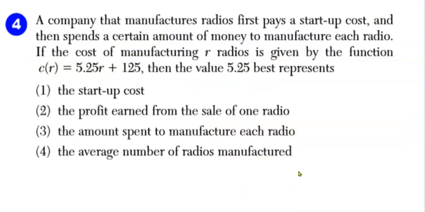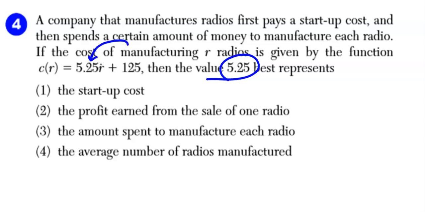Question number 4 asks us about the cost of manufacturing radios, which is given by this function here. C of R equals 5.25R plus 125, and they're asking us what the 5.25 best represents.